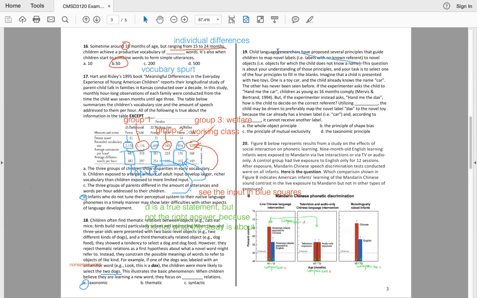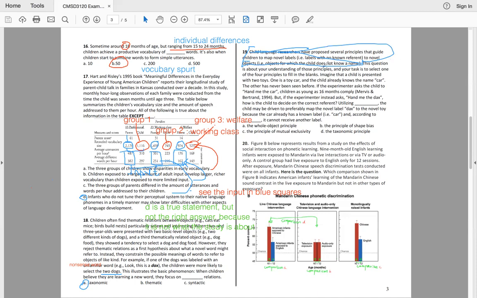So here, this part, the process of mapping novel labels to novel objects, that's essentially the mapping process or the mapping problem, I think it's part of word learning.